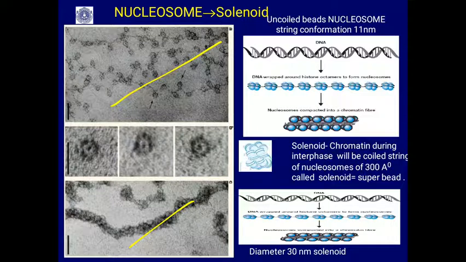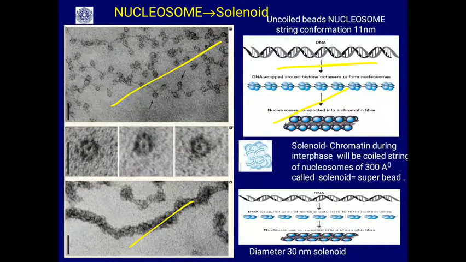So now we go through the different levels of DNA coiling. The DNA itself is a coiled structure of 20 angstroms, or 2 nanometer. It is further coiled with the histone octamer to give rise to the 11 nanometer, or 110 angstroms, nucleosome string.